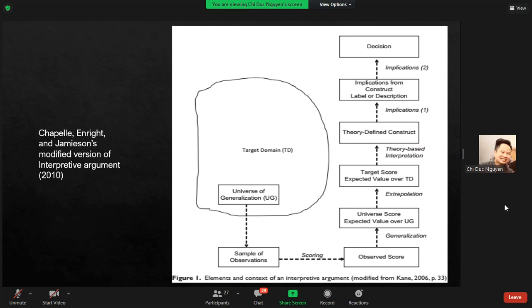For example, in IELTS with 6.5, you can be a fair user. With 7.5, you are a good user. With 9, you are an expert user. So they are labels to describe the ability of the student and also to discriminate one student from another. And from that, I can make the decision. So for example, in the case of IELTS, any student who achieves the good user label can go to another country to study or work.